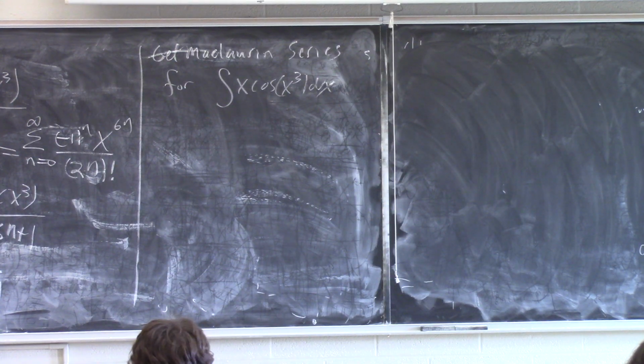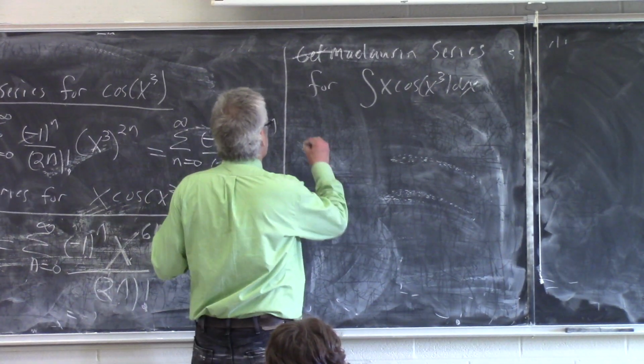When you integrate x to the 6n plus 1, what do you get? Annika? x to the 6n plus 2 over 6n plus 2. Right. So I use the power rule. I raise the exponent by 1, and I divide by the new exponent.